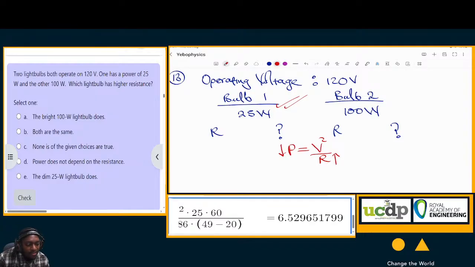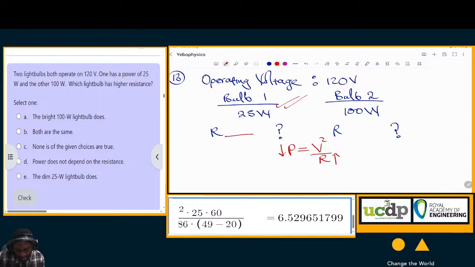So if you were thinking of bulb 1, and if you commented bulb 1 on the YouTube chat, then that is correct. If you want, you can actually do the computation to find the actual value of the resistance.